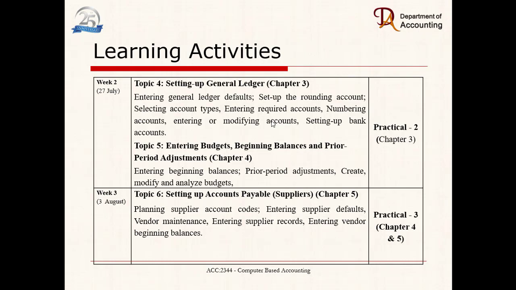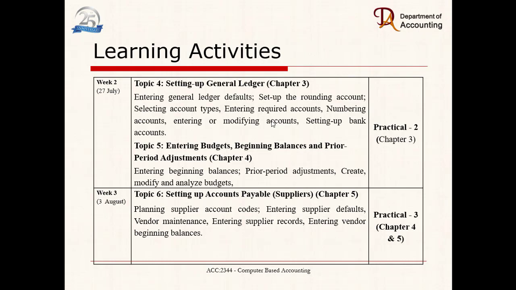So in this, as far as this software is concerned, we have several individual modules. For suppliers, we have a different module. It's a supplier module, or you can say accounts payable module. For customers, we have another module. We call it customers module, or trade receivables module.